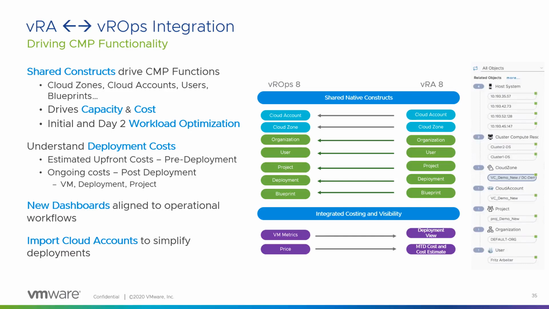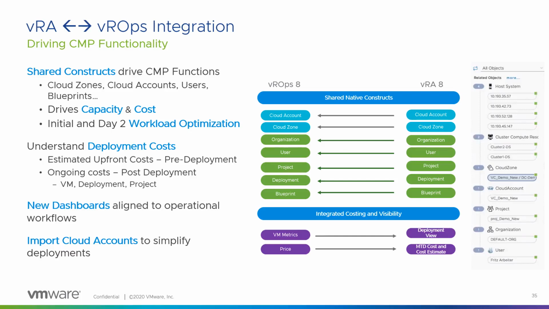So you define a cloud zone in vRealize Automation, and that cloud zone then comes into vRealize Operations. It looks exactly the same as it does in vRealize Automation. This gives support for workload optimization. So this is after you get your initial deployment placement, and then after it's deployed, you get your day 2 optimization of the workloads as well.